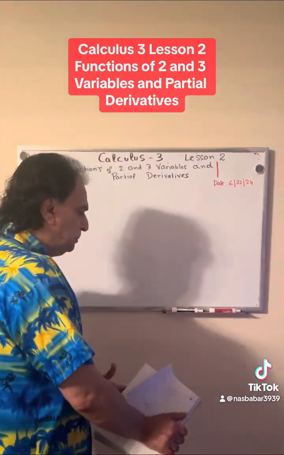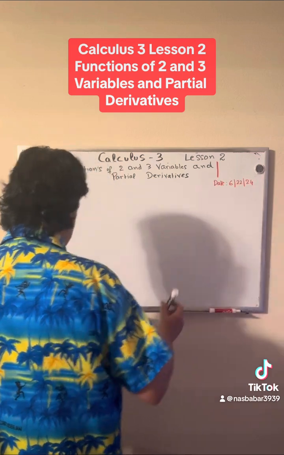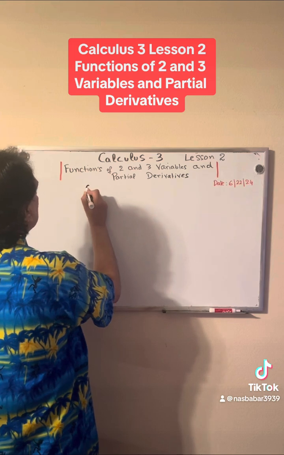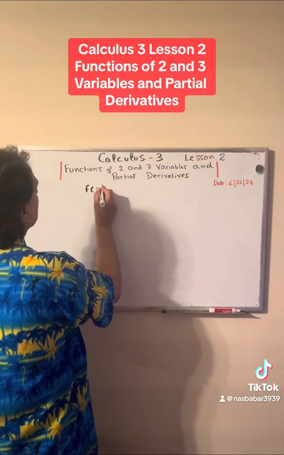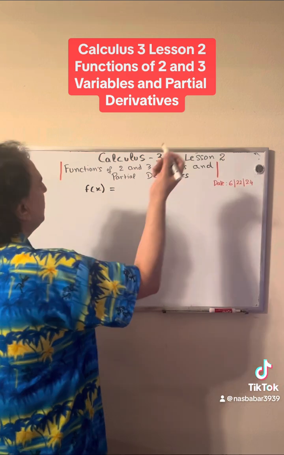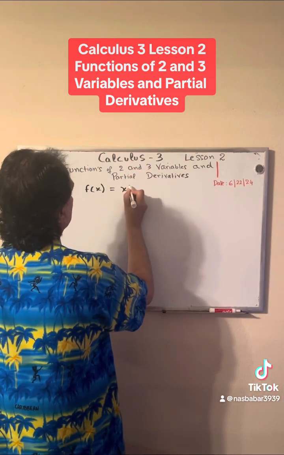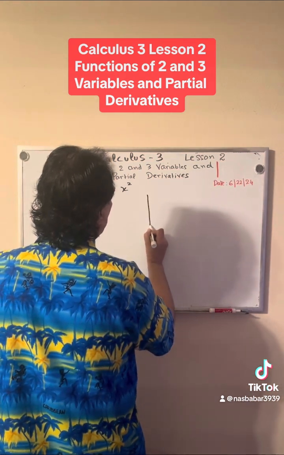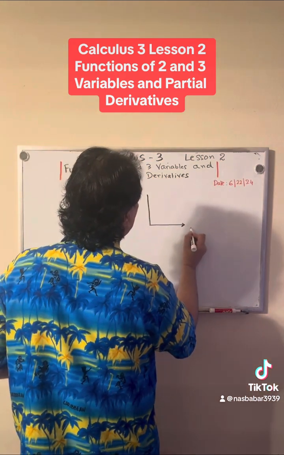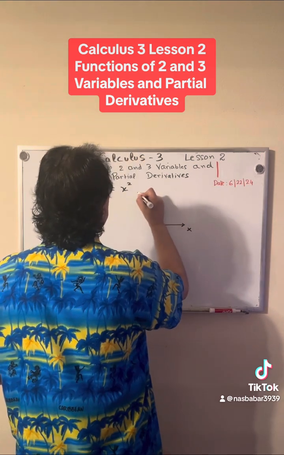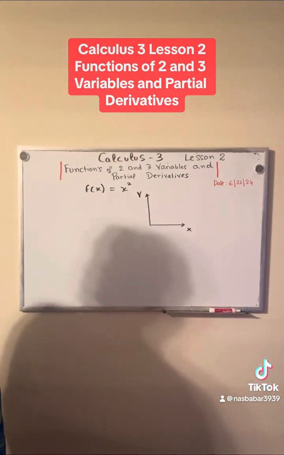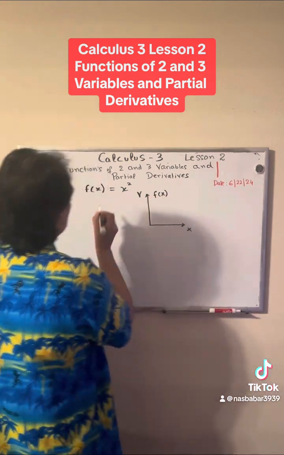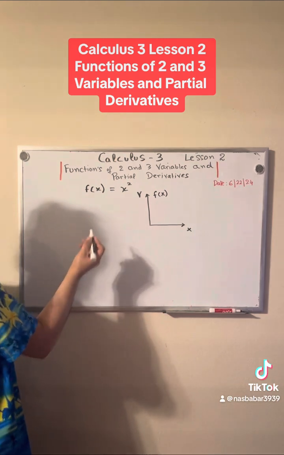From your Calculus 1, we had something called f of x, right? And this f of x was, for example, let's say f of x is equal to x squared. In graphical form, you have the x-axis and the y-axis, and you plot this, f of x along y. So basically you're plotting a graph.